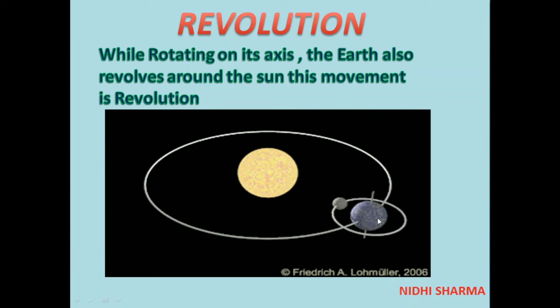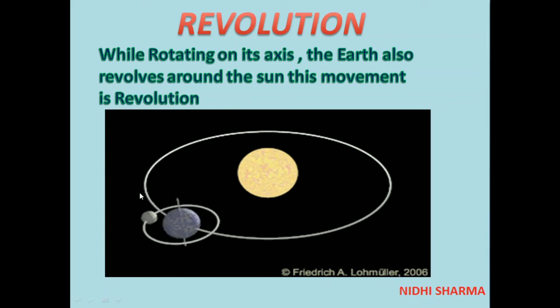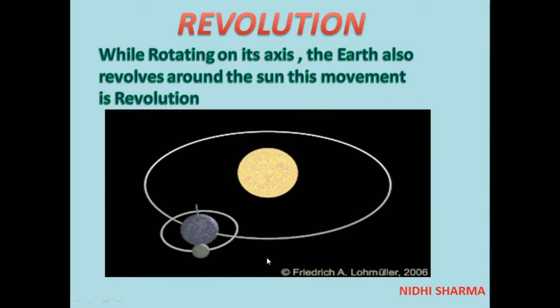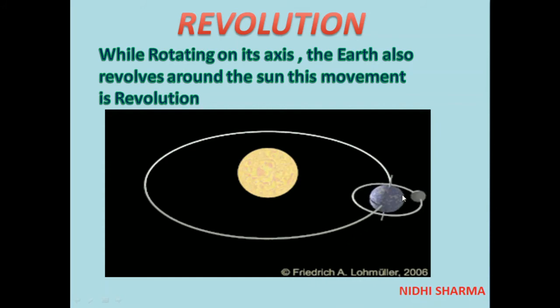The earth is spinning on its axis, and at the same time it is moving around the sun in this direction. This path which we can see here is the orbit. So, the earth is moving on its fixed orbit around the sun. This movement of the earth is known as revolution.